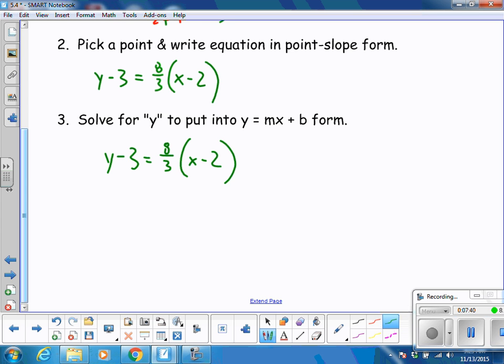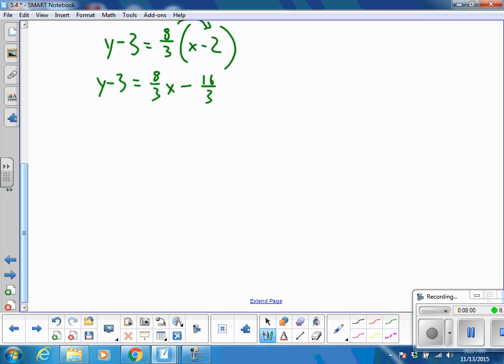I want to turn this into my slope intercept form. All right, y minus 3 equals 8/3 x minus, I'm doubling this, so it is 16/3. Keep going here. I'm going to add 3 to both sides, and I'm at y equals 8/3 x minus 16/3 plus 3.